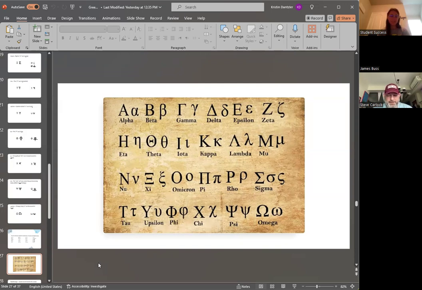It's more of an X sound, like KS. Omicron, pi, rho, sigma, tau, upsilon, phi, chi.